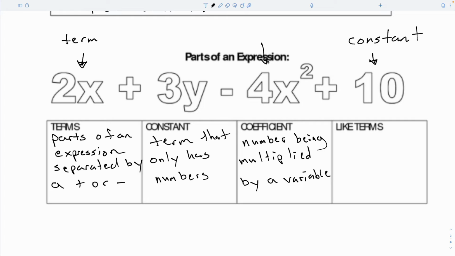The coefficient is only the 4. The whole entire thing, put like a loop around it, that is called a term. The term is 4x squared, the coefficient is just the 4. Hang with me, one more. A like term is a term that has the exact same variable.